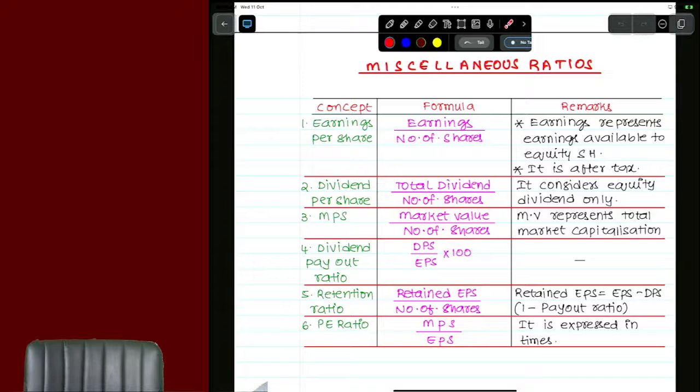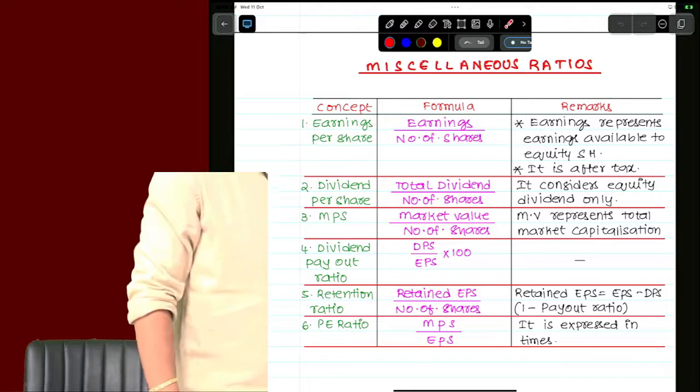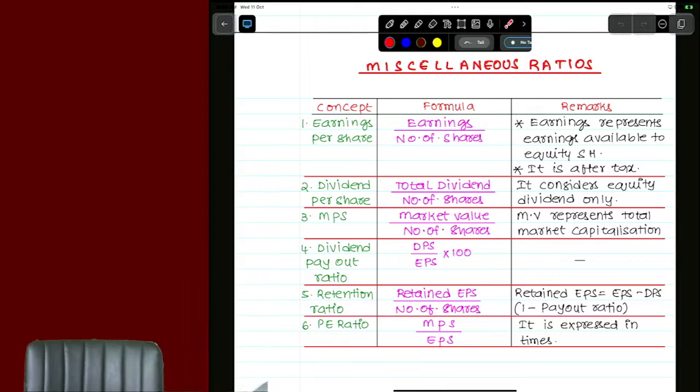Next, keep the heading, everyone. Is 5, 6 not completed? Write down the 5 and 6 then.